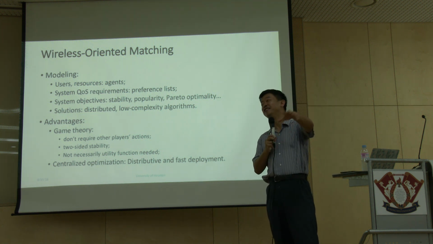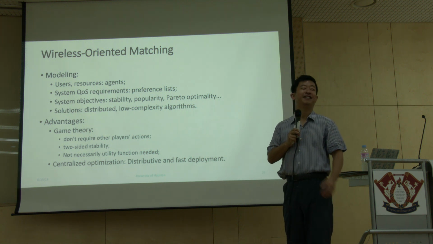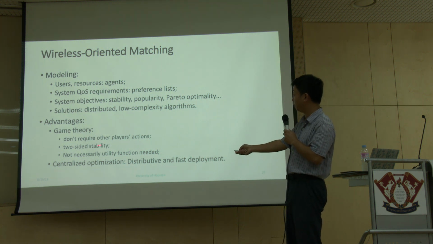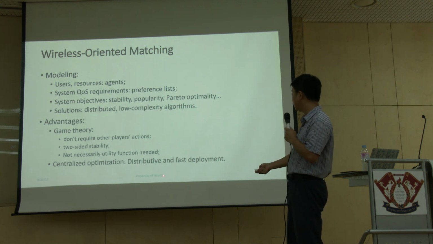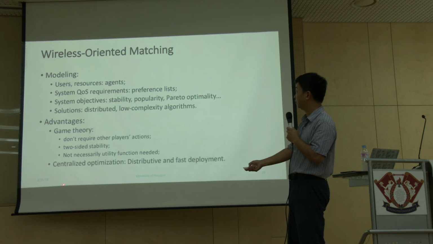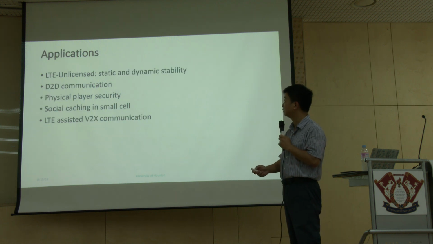Maybe okay in the extreme case, but that one is typically not stable. So basically this is the stability point. The centralized solution is an optimization, and we want to compare with this one. This distributed solution allows very fast deployment.